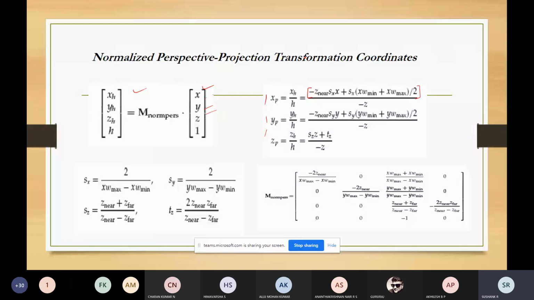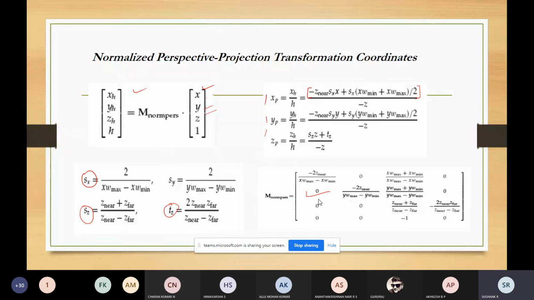Using the equations which I mentioned now, you can calculate the values of the scaling along x-axis, scaling along y-axis, scaling along z-axis, and the translation. The normalized transformation matrix for the perspective projection is given by this one.